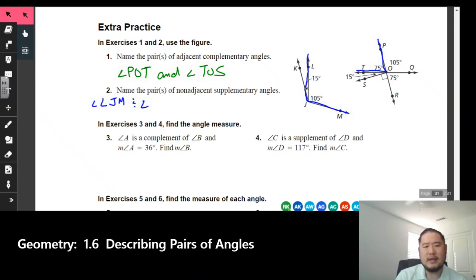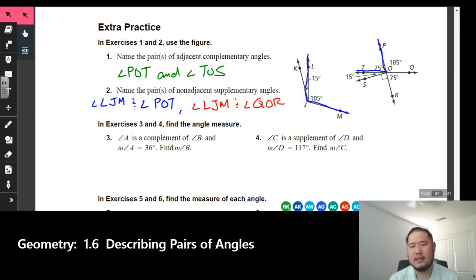So we can go ahead and say angle POT. We can say that angle LJM and angle QOR work as well, because this is 75. All right. So those two right there work out. Are there any more? There could be.